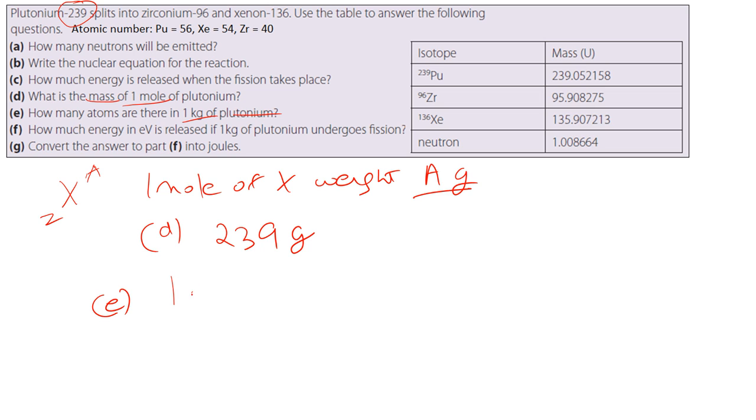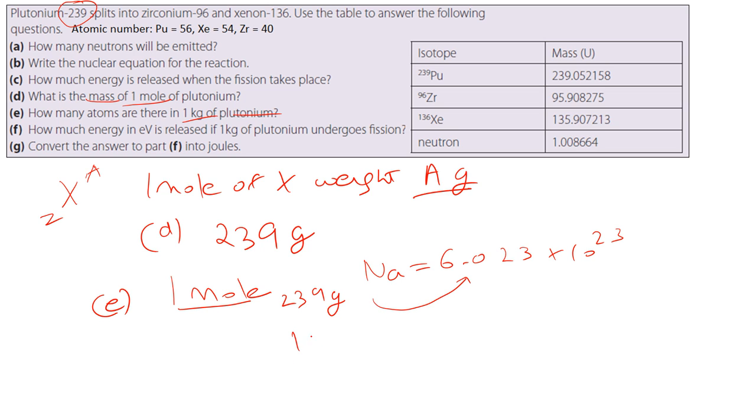See, the way to do this: 1 mole of any atom has Avogadro's number of atoms, Na, whose value is 6.023 × 10^23. So 1 mole, which weighs 239 grams, has this many atoms. We need to find out, when the weight is 1 kg, what will be the number of atoms.